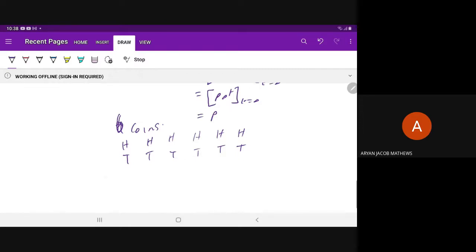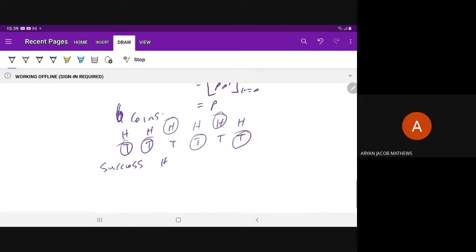And we are defining success as head. Now in the first toss we have tail, in the second toss we have tail, in the third toss we have head, in the fourth toss we have tail, in the fifth toss we have head, and in the sixth toss we have tail.